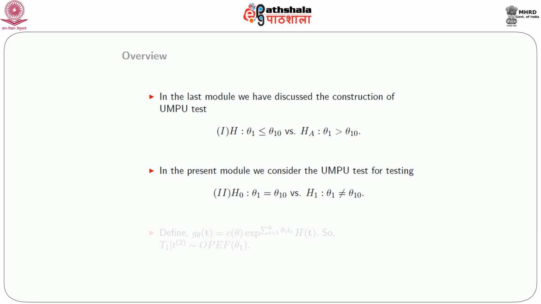That is, here we consider a two-sided problem. As in the previous case, we define g(theta, t) of the form c(theta) e to the power summation theta_i t_i into h(t). So T1 given T2 follows a one-parameter exponential family with parameter theta 1.